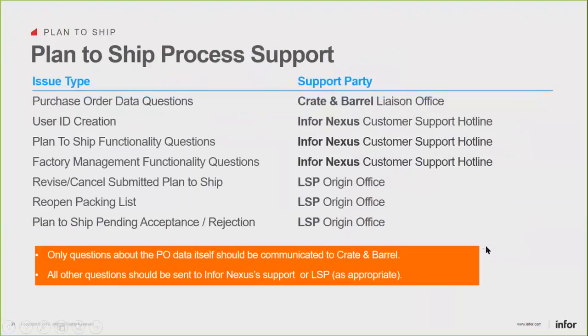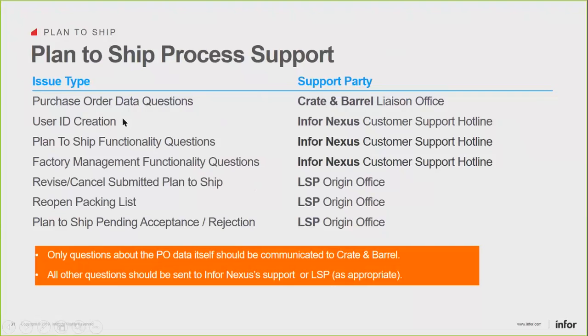Okay. The Plan to Ship process support. Once this new feature goes live in the system, when suppliers have issues, these are the contact parties. For purchase order data related issues, contact the Cranberry Liaison Office.